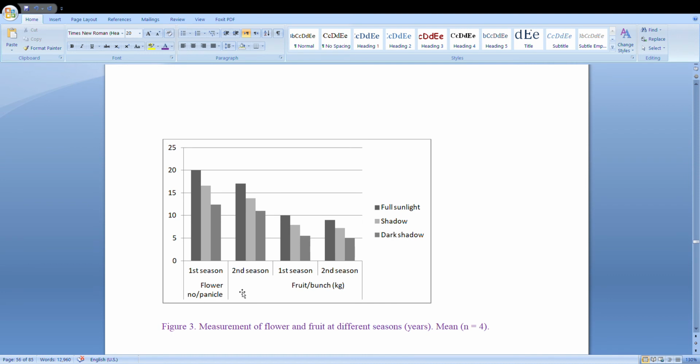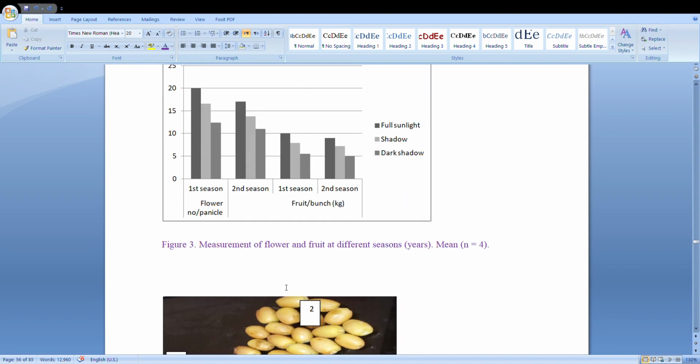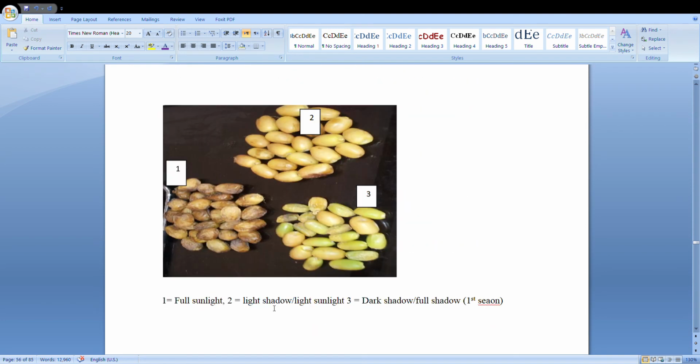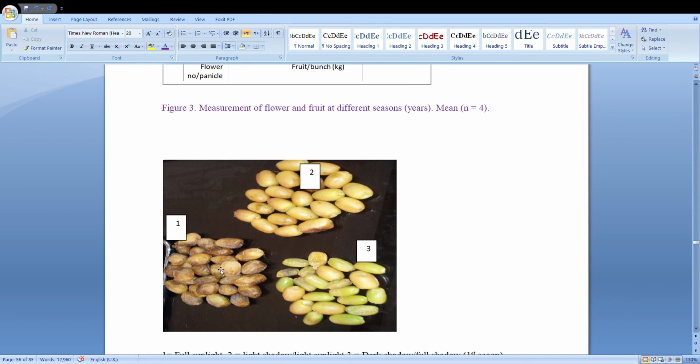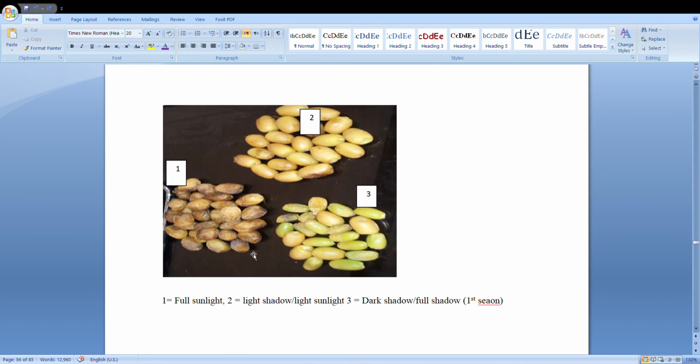Here, first season, second season, full sunlight is higher; everything is high, the flower content and the fruit state are higher in full sunlight, then shadow and dark shadow. This is also the measurement of fruit maturity content, higher for full sunlight. This is full sunlight, this is in the middle, and this is the shadow sunlight.